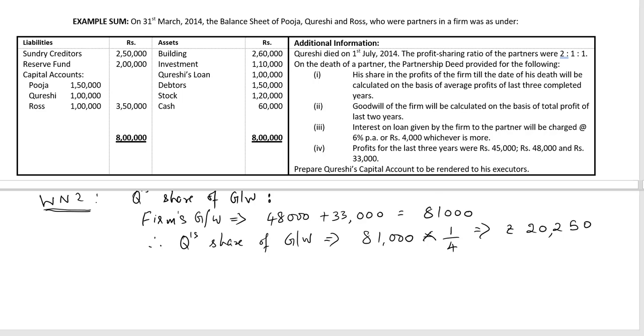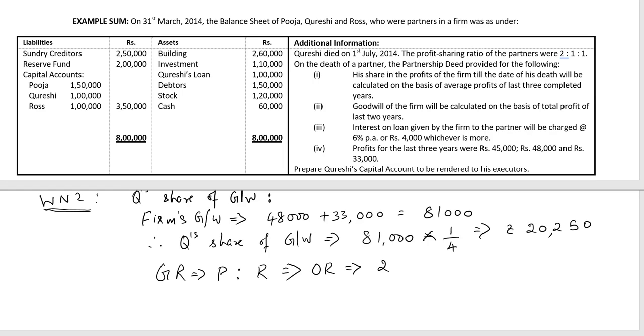We need to debit the gaining partners in their gaining ratio. The gaining partners are Pooja and Ross, and since nothing is mentioned, their gaining ratio is equal to the old profit sharing ratio between them, which is 2:1.